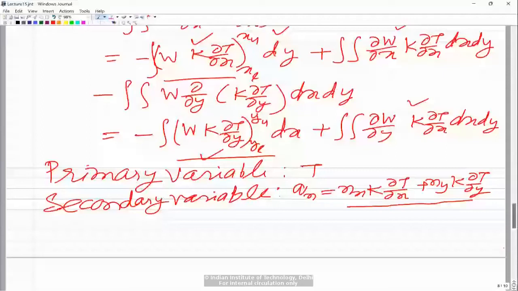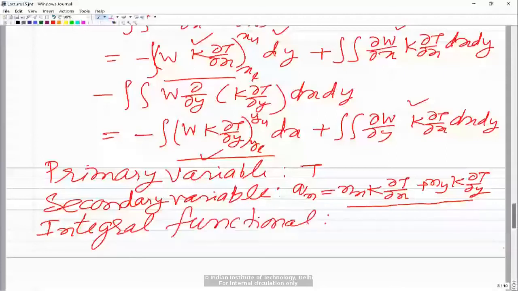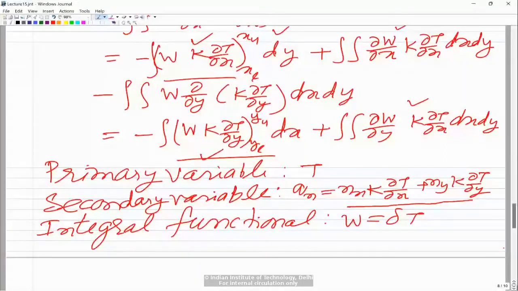Now once we have done this, next we get to the integral functional. Of course, you would see that 2D problems are a bit more involved. For the integral functional, we take w equal to delta T. The boundary integral we have to keep as a boundary integral.